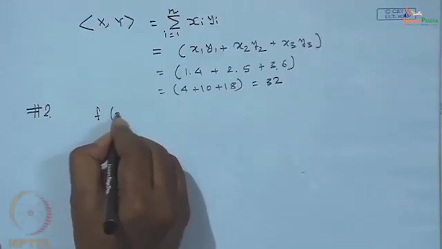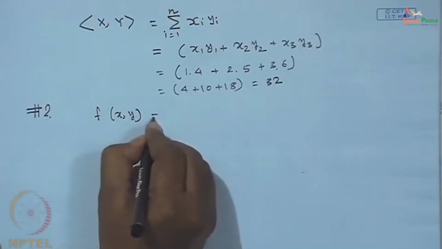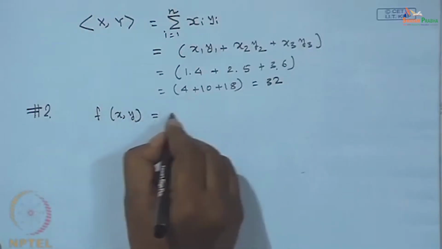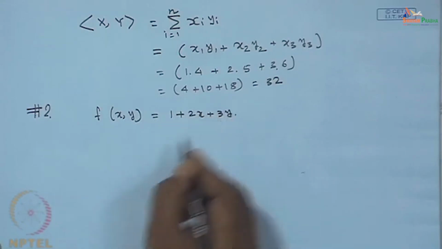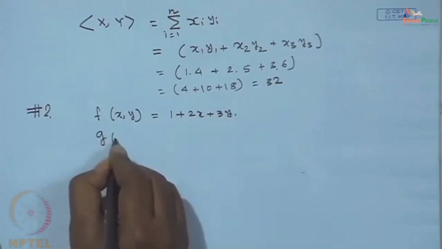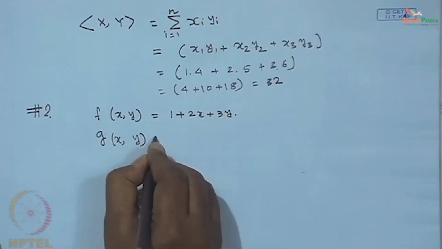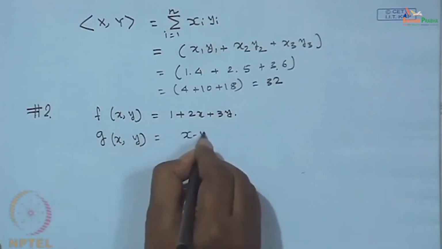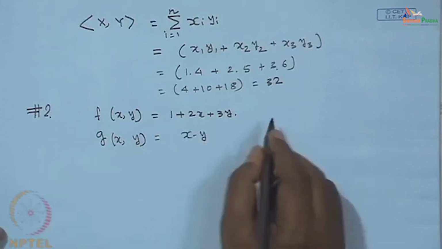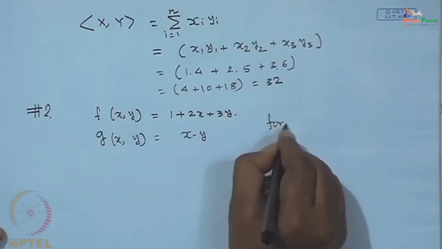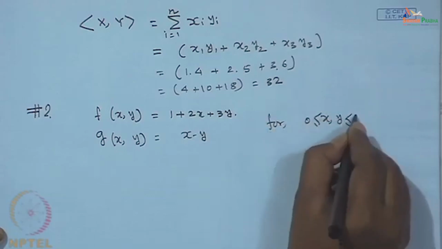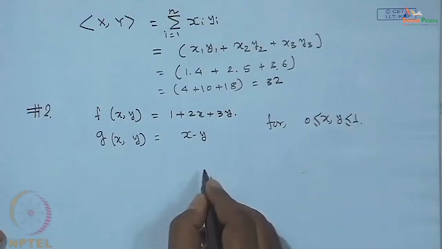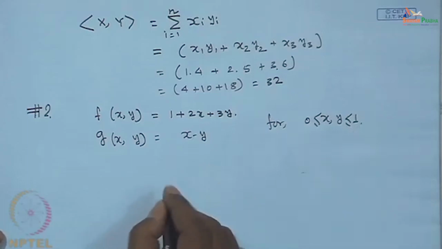Let us say f(x, y) is 1 plus 2x plus 3y, and g(x, y) is x minus y, and in both cases x and y vary between 0 and 1. So, the limits of x and y are from 0 to 1.